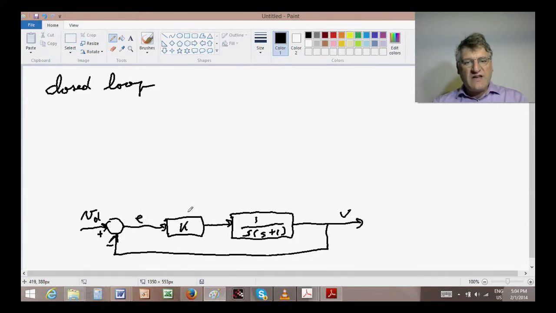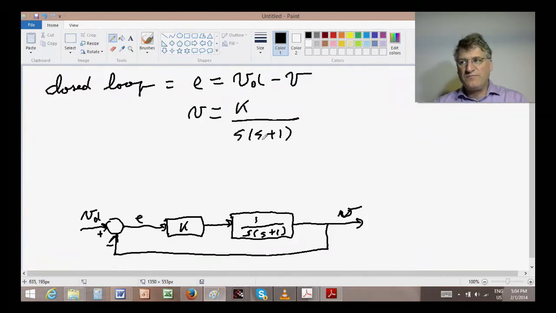For that purpose, we call this E, and we have that E is equal to VD minus V. On the other hand, we have V is equal to K over S times S plus 1 times E.